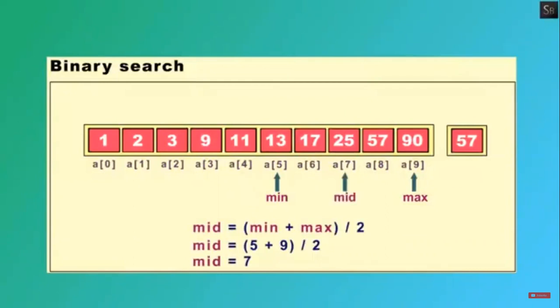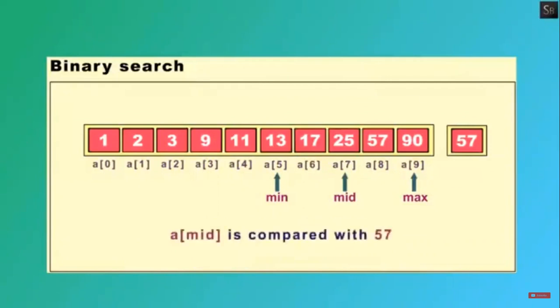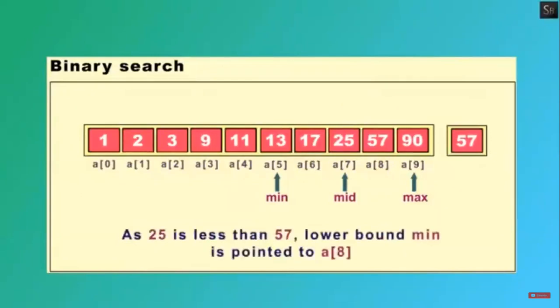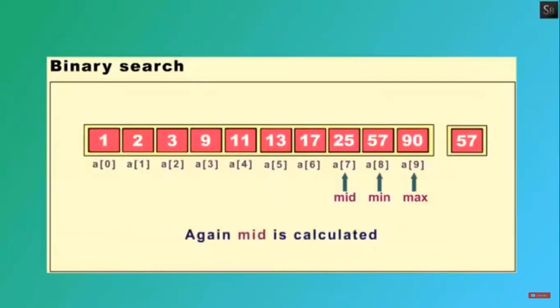So the value at location 7 equals the search value 57? Not equal. Again, check the condition: 57 greater than 25? If yes, then min equals mid plus 1, that is 8. What is the minimum value? 8. What is the maximum value? 9.